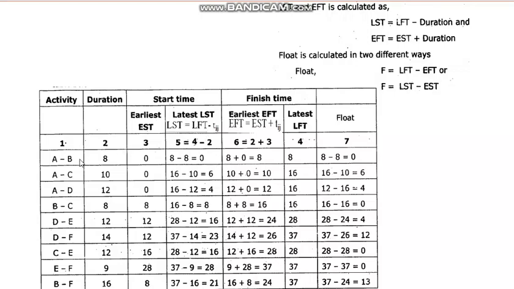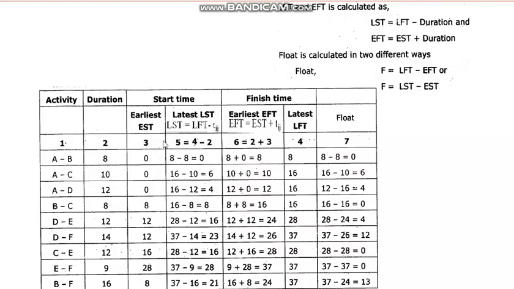Now let us calculate all these timings, and let us also find out the float for every activity of this network diagram. Okay, now let us take the first activity, AB. Its duration is 8.